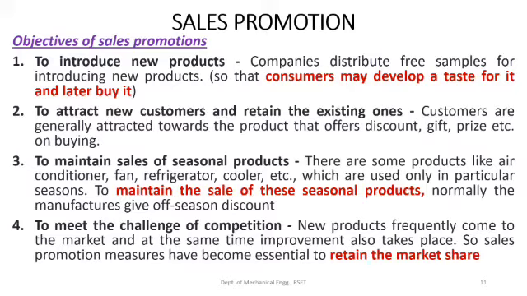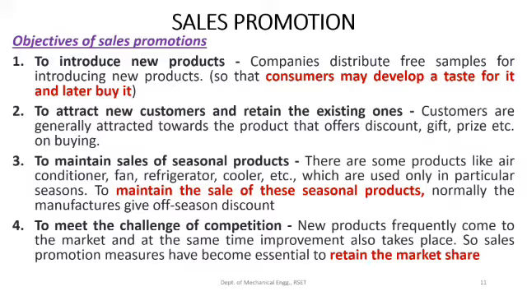The third objective of sales promotion is to maintain sales of seasonal products. There are seasonal products whose demands are seasonal in nature, for example, products like air conditioners, refrigerators, coolers, umbrellas, etc. Their demand is usually very high during a certain time period of a year.